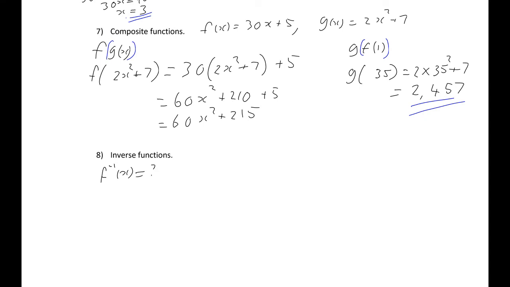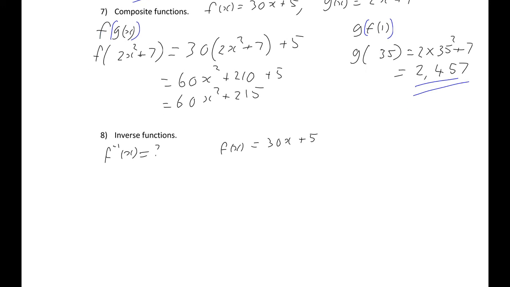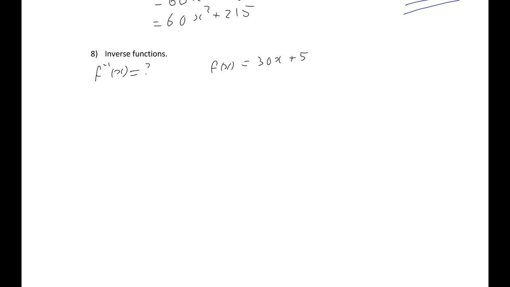So what we do is we start with f of x. So f of x equals 30x plus 5. Then instead of having f of x, we're going to write y. This is, again, just a simplifying thing. We don't want to have to play with this f of x everywhere all the way through. So y equals 30x plus 5.